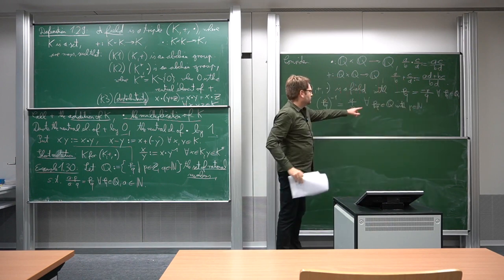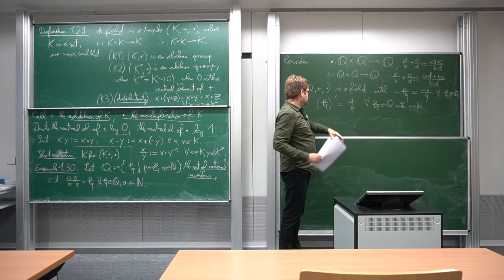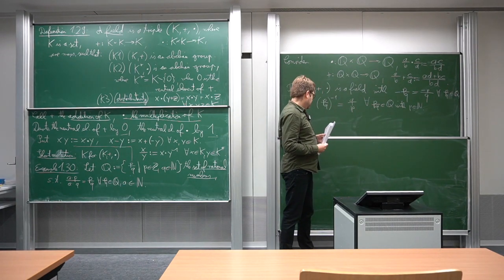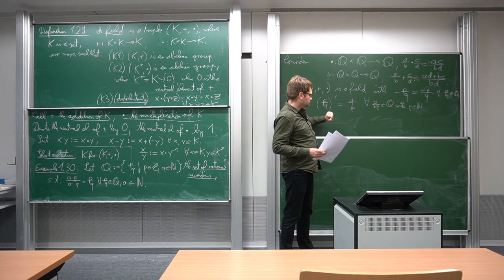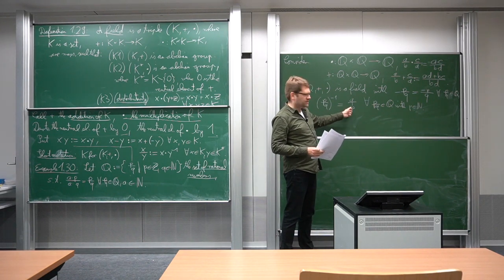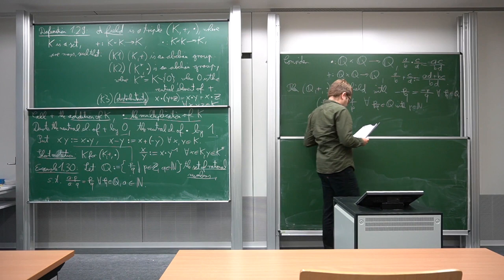And if p is negative, you can just move the sign, so this is not too complicated. This is how we can denote the inverses and so on.